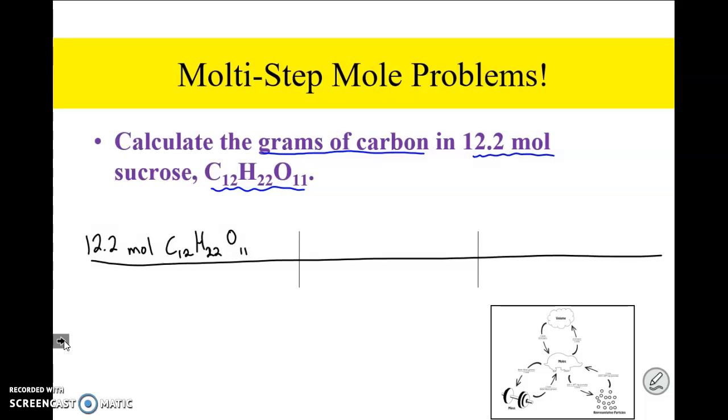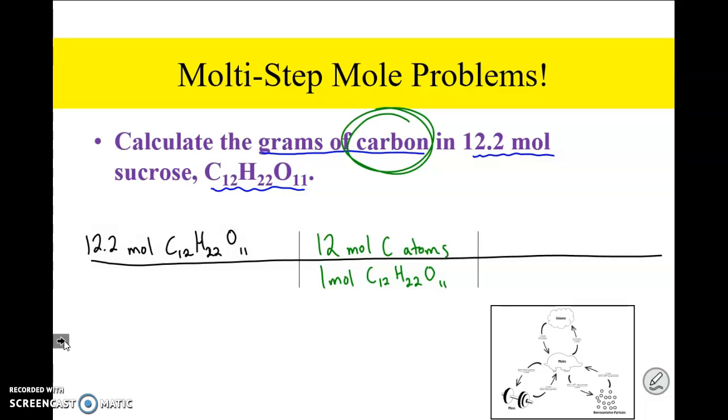I'm going to go ahead and use a mole-to-mole ratio to get into carbon atoms specifically, because I'm looking for just carbon, not hydrogen or oxygen. For every 1 mole of C12H22O11, how many carbons do I have there? I would have 12 moles of carbon atoms. That's called a mole-to-mole ratio.